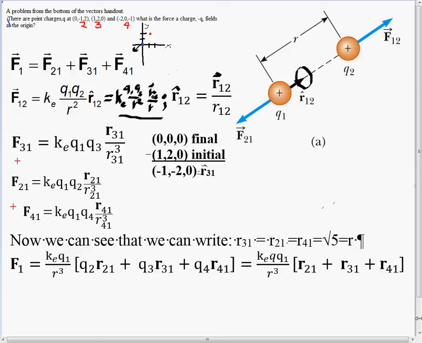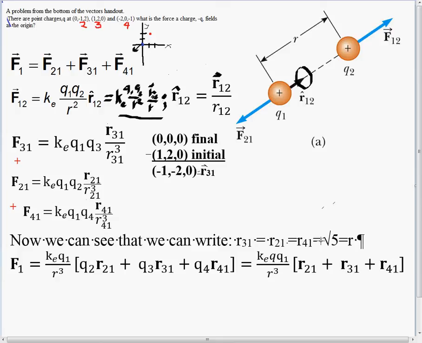Okay, we're back on. So we can see that we can write R3 equals R sub 2, 1 equals R sub 4, 1.